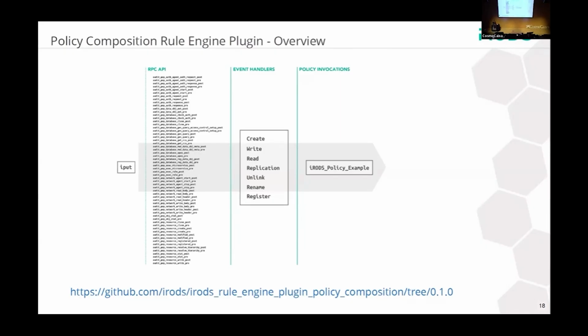Should that policy ever need to change, you need to go back and move it around to the appropriate spots. This can be very difficult to manage. So one of the benefits of policy composition is that we provide event handlers, which provide an abstraction over the dynamic PEPs. Instead of having to manage all these items, you just need to handle, for example, create, read, or write operations, and that would invoke your policy. It also makes modification a lot easier.